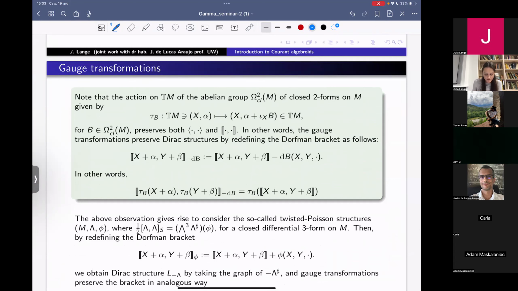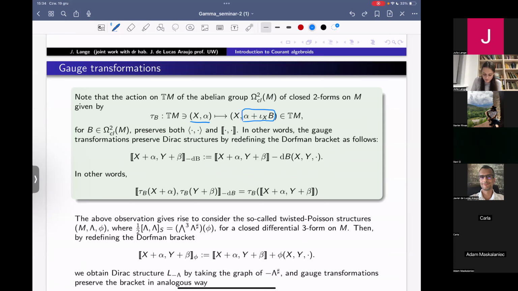So let's consider the action of the group of closed two forms on M on our generalized tangent space. So this action is given by: the element (X, alpha) goes to (X, alpha plus an additional term), the contraction of our field with this two form B.